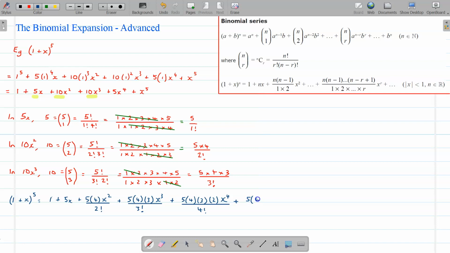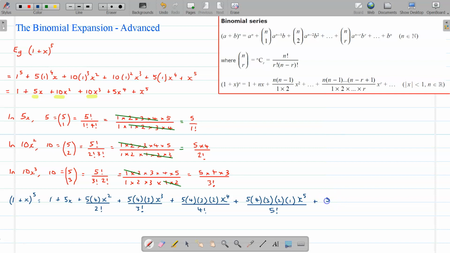Because not all of these series will terminate. Some will go on forever, and that will happen when n is no longer an integer, okay? But in this case, n is an integer, so I'm following the same pattern. I'm getting my x to the 5 now, which is my last term, and I'm dividing by 5 factorial, okay?